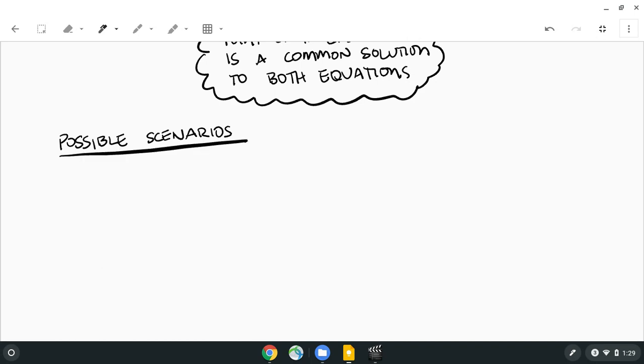Okay, so we have the case where they intersect and one solution exists. It's that point that they both share. So this is the one solution case. And we call this consistent.